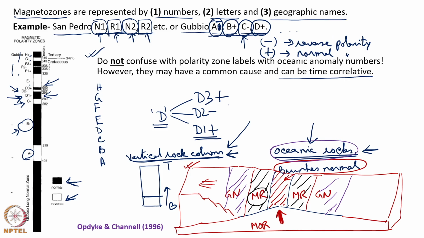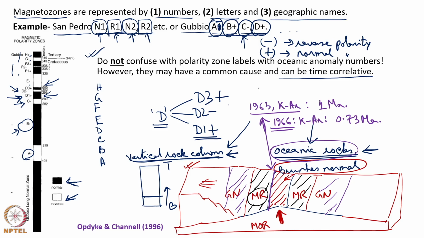Now, the boundary between the Brunhes and the Matuyama has been dated from time to time and refinements have been made. For example, in 1963 by potassium argon dating, the date was assigned at 1 million years, but subsequent dating in 1966 by the same potassium argon method found 0.73 million years, and then a dating in 2003, and with time, from 1963 to 66 to 2003, the dating accuracy keeps increasing, and here the date turns out to be 0.789 million years.